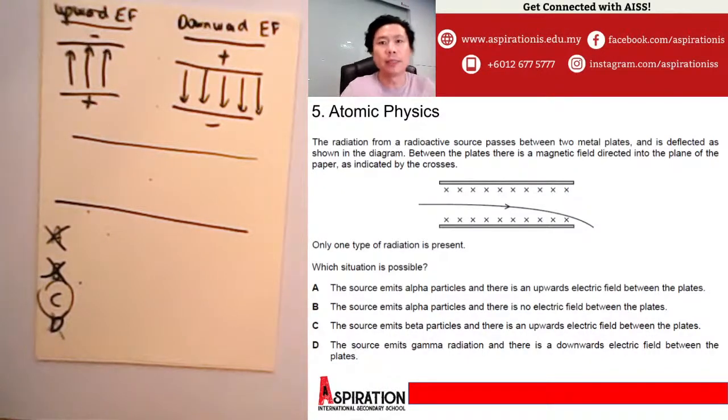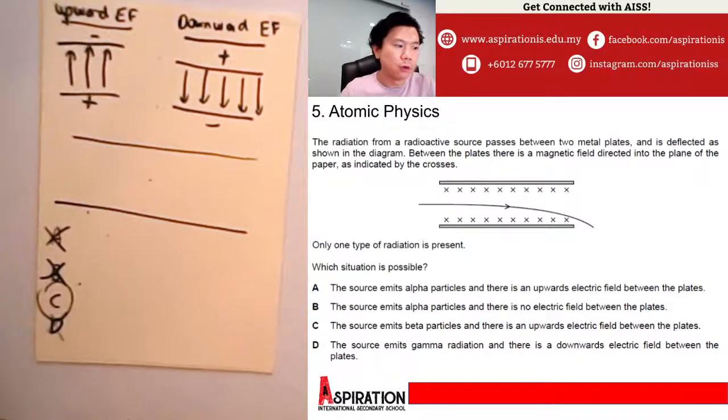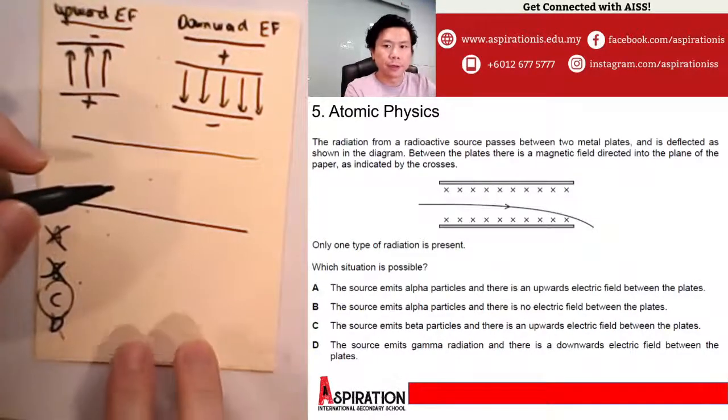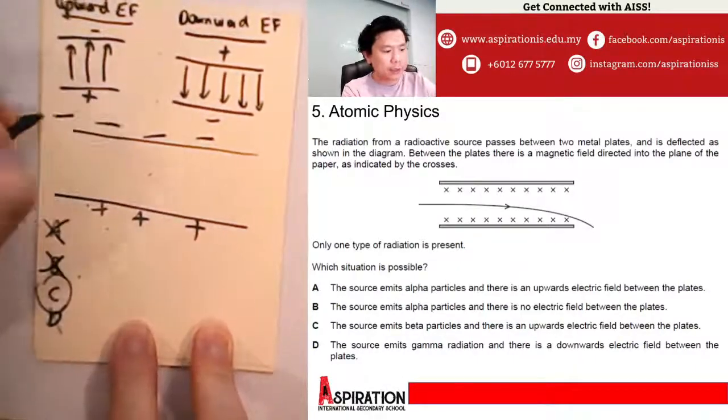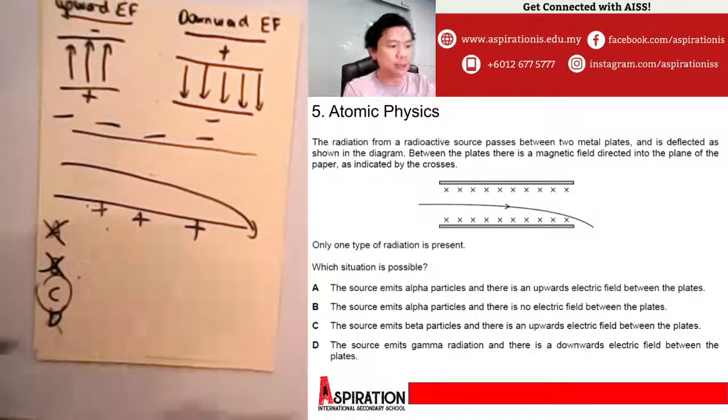But of course, now that we are learning, we are going to go through what C talks about. So let's read. The source emits beta particles and there is an upward electric field. So upward electric field looks like this, and beta goes down. Is that true?